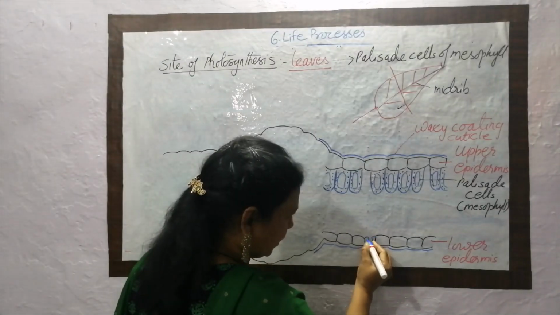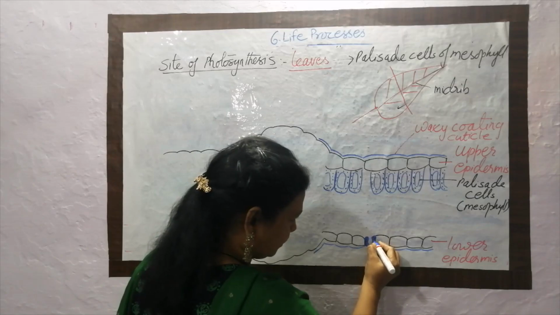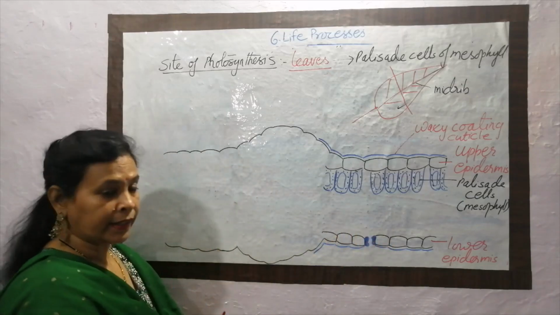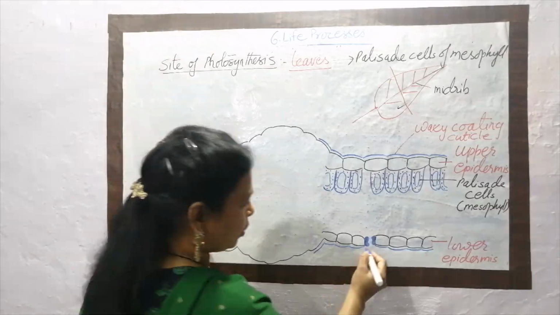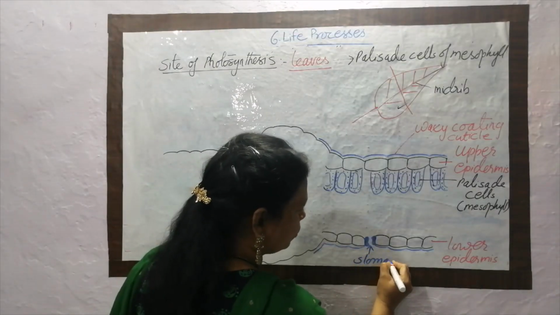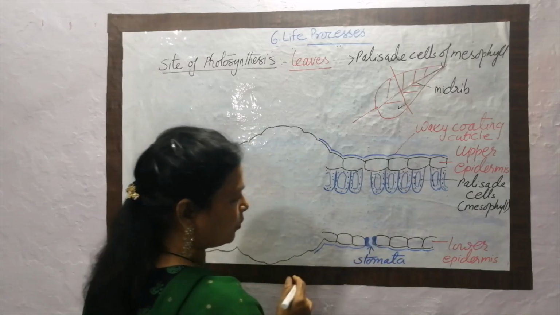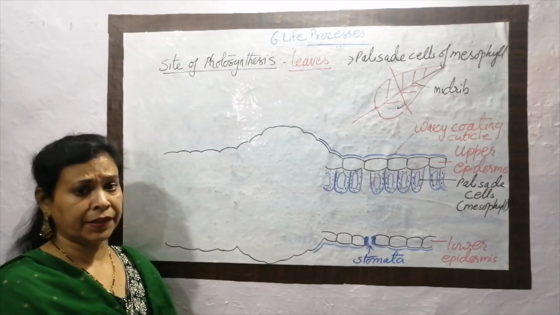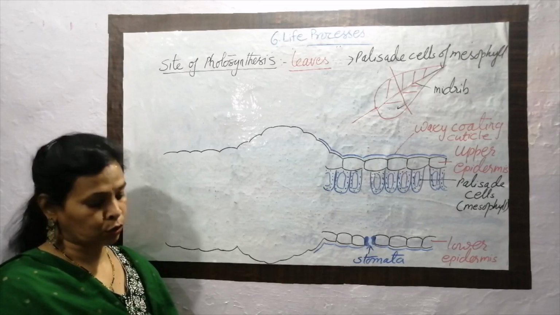Why I left this place here? Because here an important part is present that we are going to study in the next slide. This part is called the stomata. You know the name of this part already. You have studied it in the 9th class. So this is the stomata.